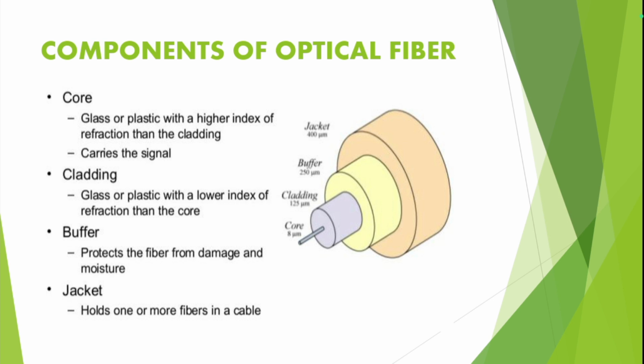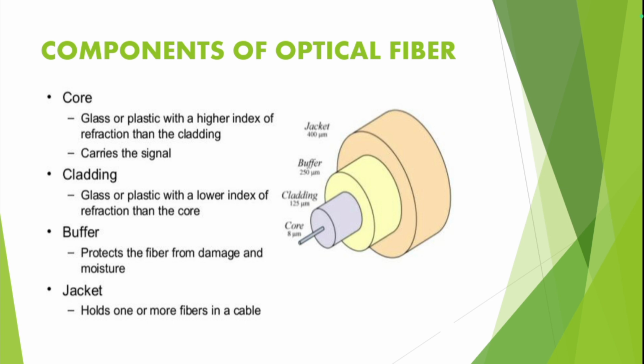When the signal travels from a lower refractive index to a higher refractive index, the cladding is used to reduce scattering. It adds mechanical strength to the fiber and also protects the core.